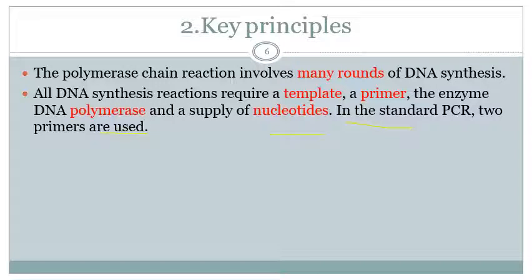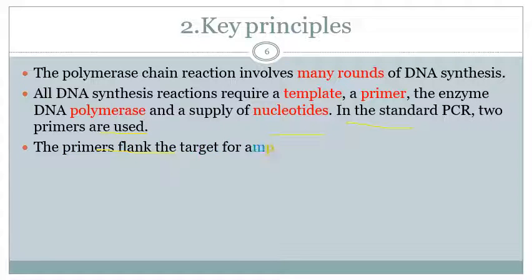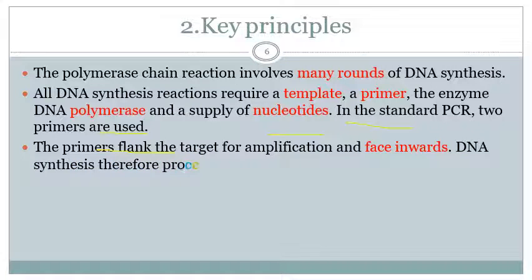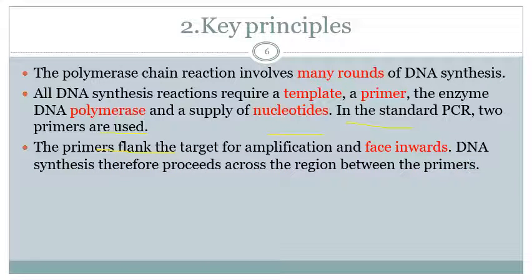Third is the polymerase, an enzyme which can amplify the DNA piece. And last are the nucleotides, as raw materials. Primers are complementary to the target DNA for amplification and face inwards, so DNA synthesis proceeds across the region between the primers.